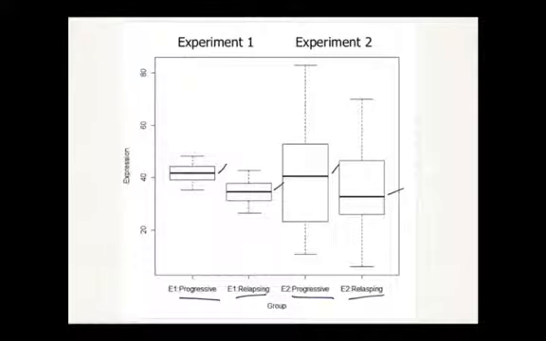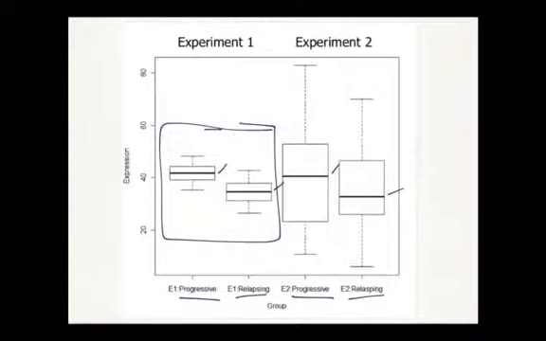Experiment 1 appears to have much less variability than experiment 2. Okay, so keep this picture in mind. Same medians and presumably same means, but very different variability. Much less variability in experiment 1 over here as opposed to experiment 2 where there's lots of variability.